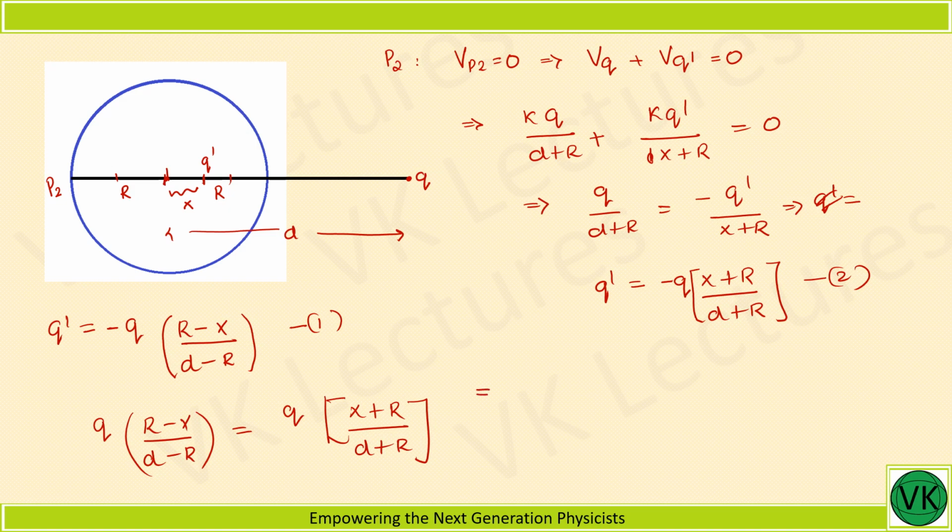Now this gives us that r minus x times d plus r equal to d minus r times x plus r. If we simplify this equation, we will get x in terms of r and d. So let's do that.